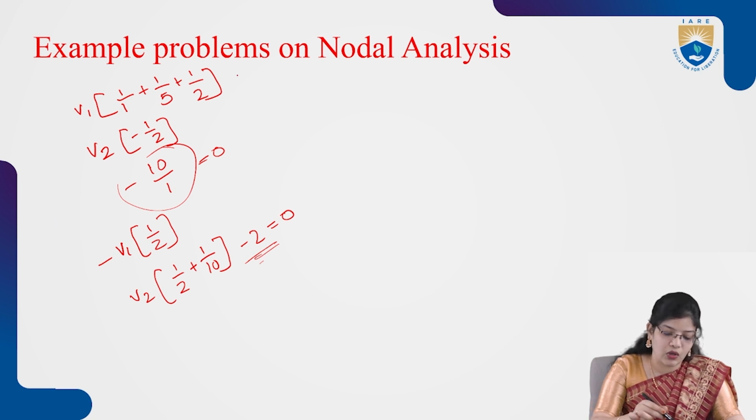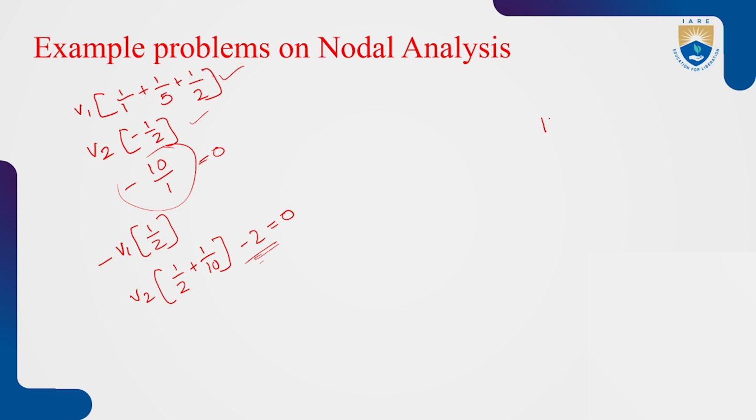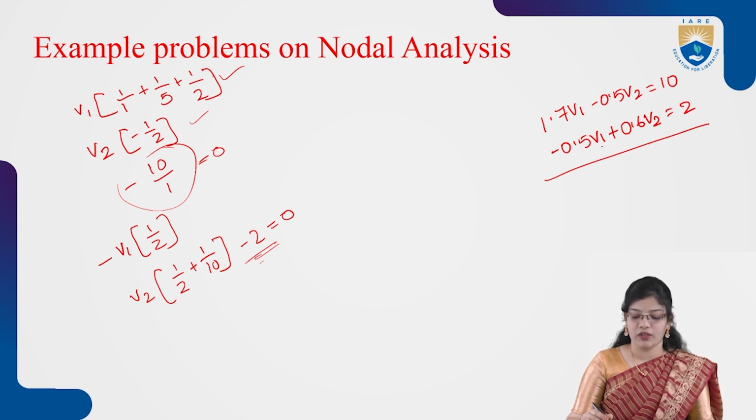So after substituting and solving all these values, we'll get the two equations as 1.7 V1 minus 0.5 V2 equals 10. The second equation will be minus 0.5 V1 plus 0.6 V2 equal to 2.